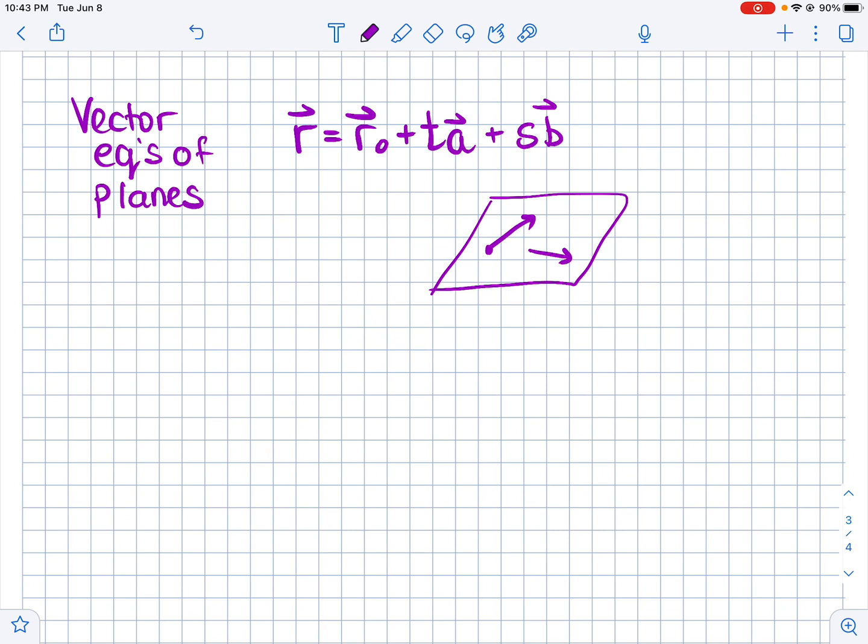And we need a position vector, or just a point on our plane, because that will be our position vector. So basically a point on the plane and 2 direction vectors. Or if we don't have all that information, we could get by with just knowing 3 points on the plane. Because 1 point could be used for our position vector, and then we could get 2 direction vectors using those 2 points.